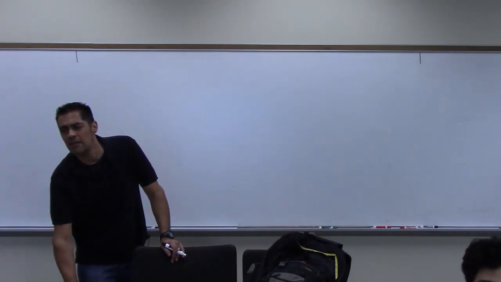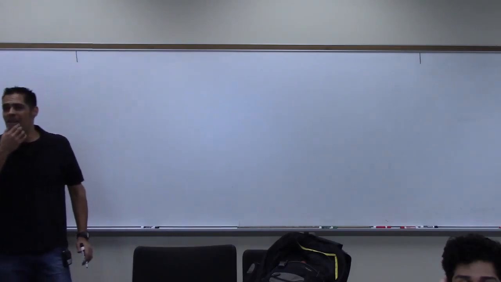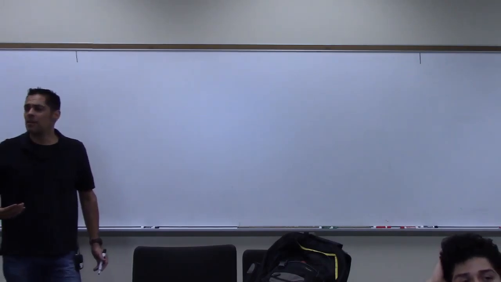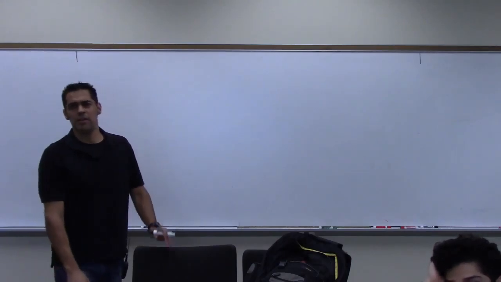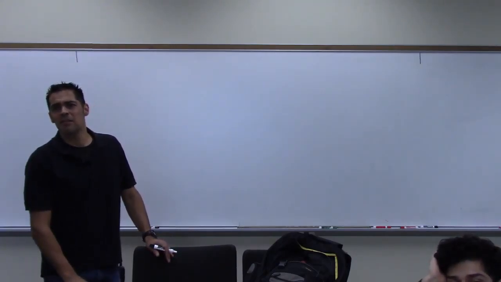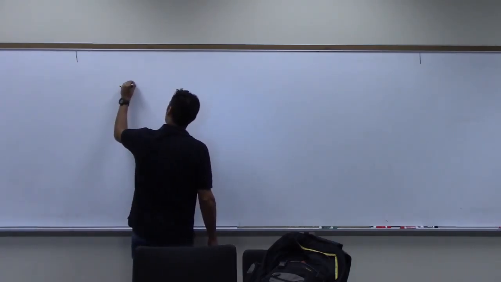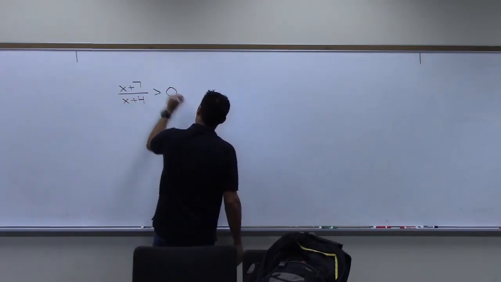All right, so let's take a look at rational inequalities. Very similar to the whole idea of a polynomial inequality, except this time we have a rational expression. So there's a bunch of steps again, but let's just get to one here. Let's look at this first one, A. I want to know when x plus 7 over x plus 4 is greater than 0, right?